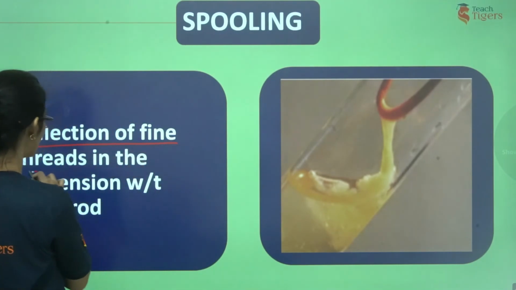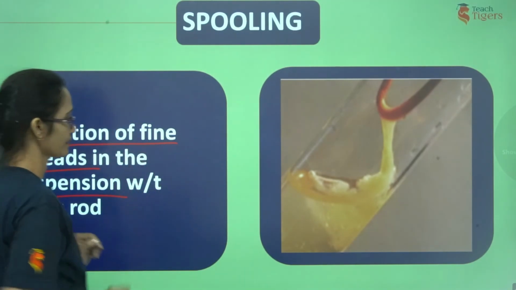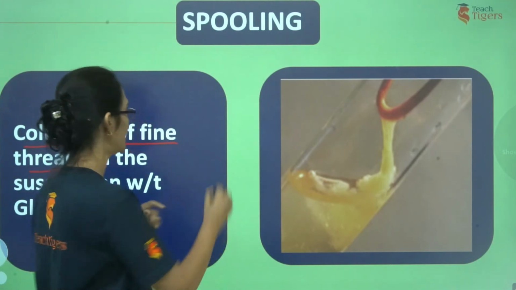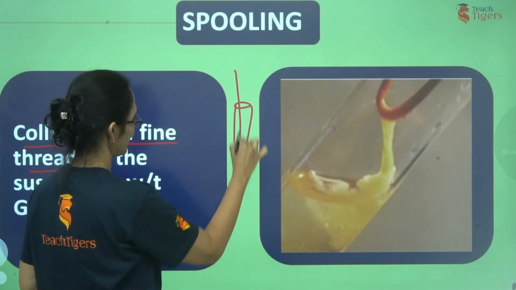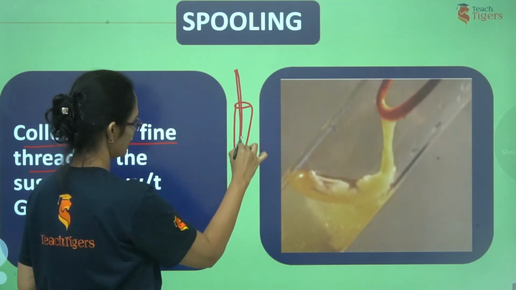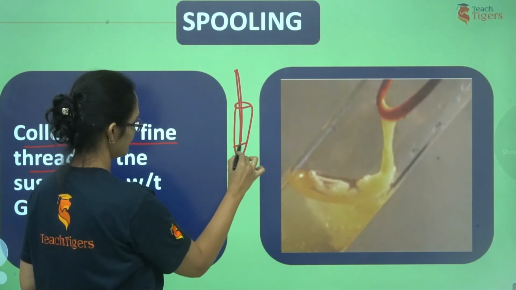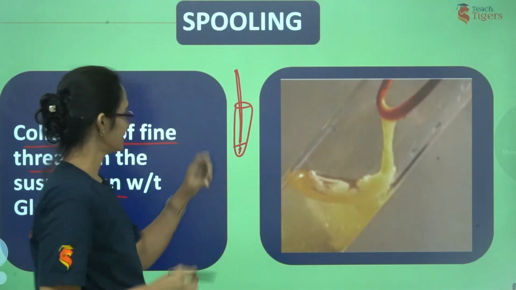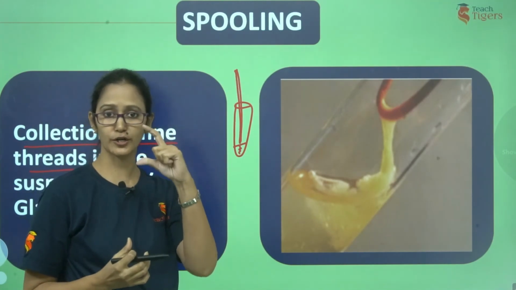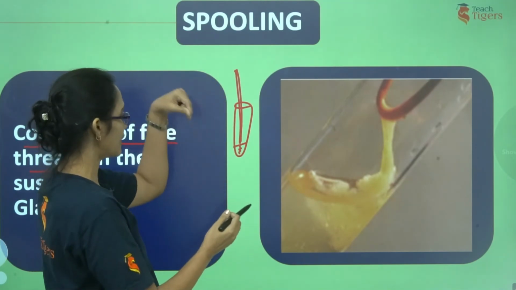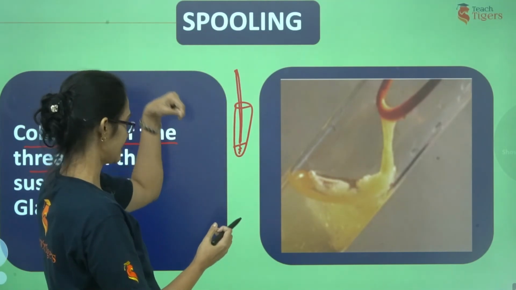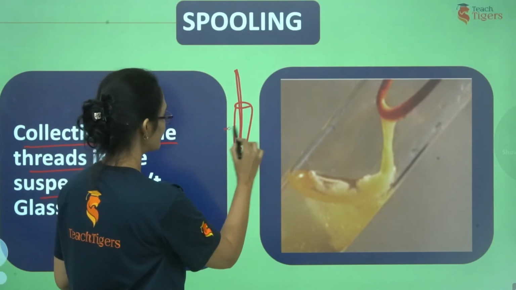Now how do we pull out this precipitate of DNA? So from the glass tube, you have to pull out the DNA with the glass rod. This is the glass rod, and this is the DNA fibers. The DNA fibers are seen at the bottom of the test tube. You insert the glass rod and pull out the DNA fibers carefully without disturbing the layer of ethanol.